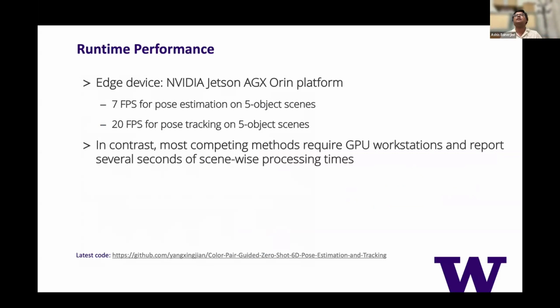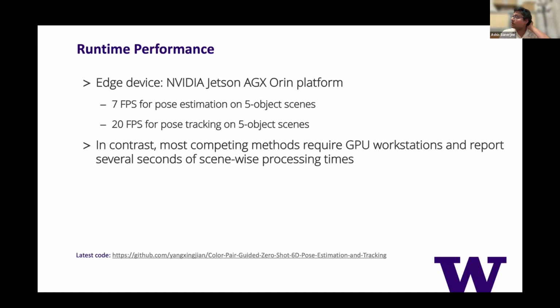So everything is working on a standard Jetson AGX Orin platform. For initial pose estimation, it's about 7 frames per second. We set out with the target that we need to exceed 5. So we do that for 5 object scenes. Now there can be more cluttered scenes, so there is still scope for improvement there, but at least on YCB type scenes, it works well.